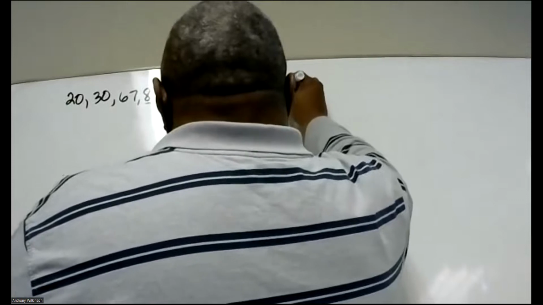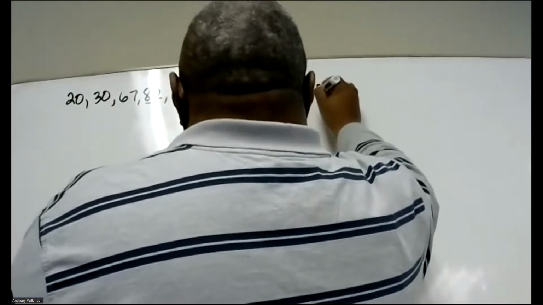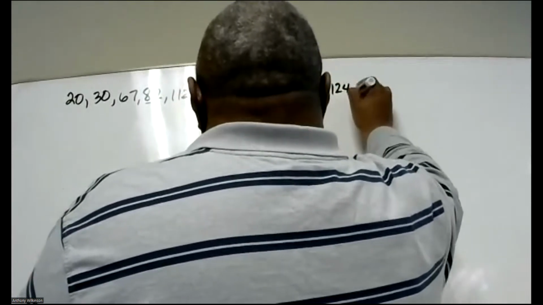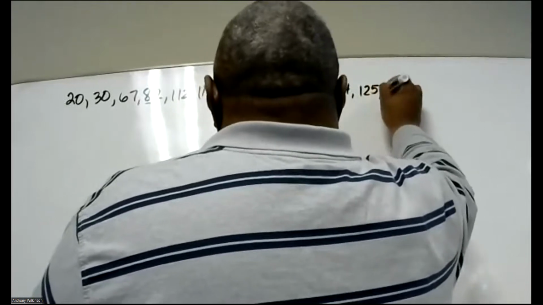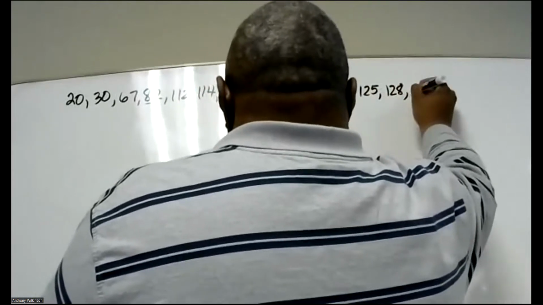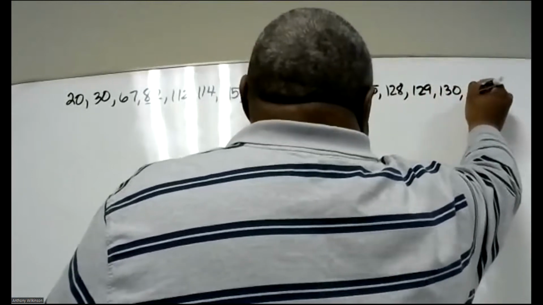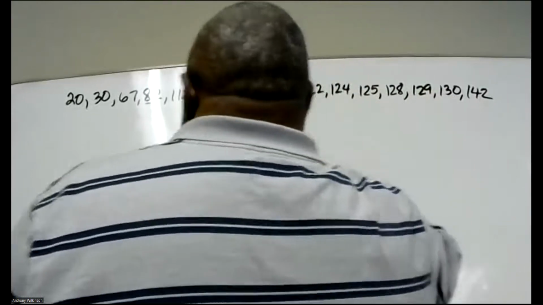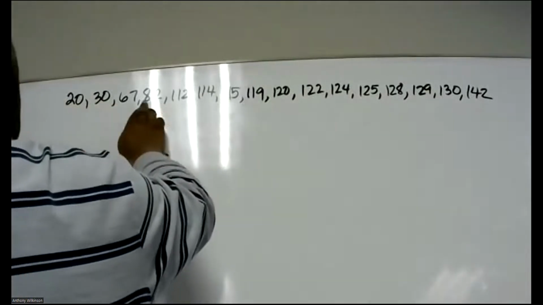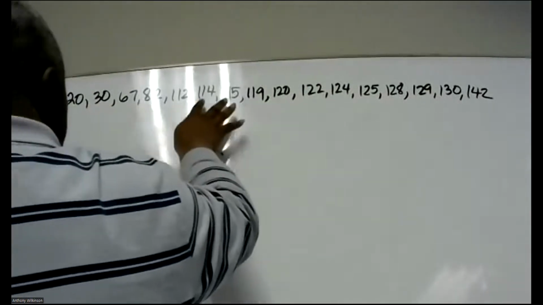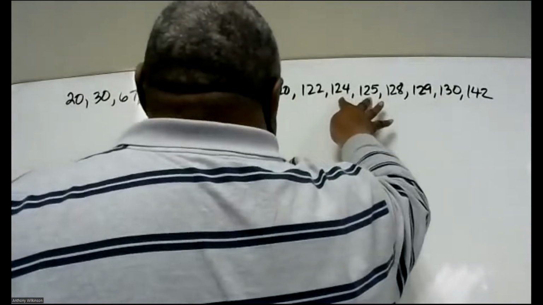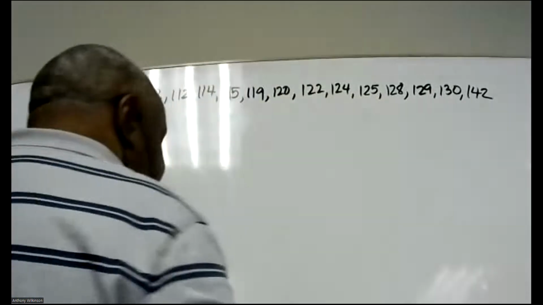And then 120, 122, 124, 125, 128, 129, 130, 142. So that means 2, 4, 6, 8, 10, 12, 14. This time I have 16.